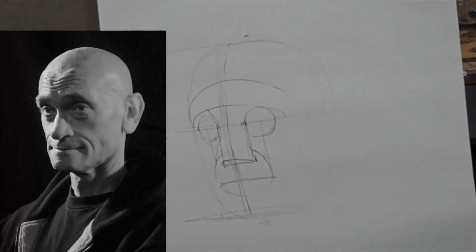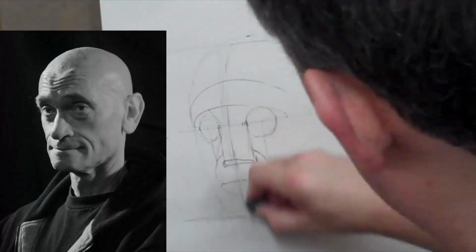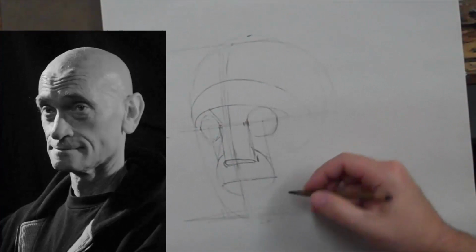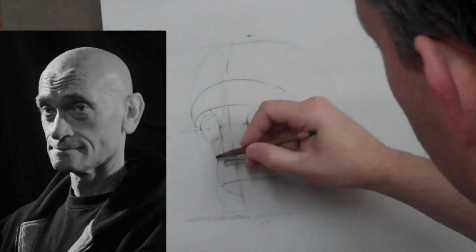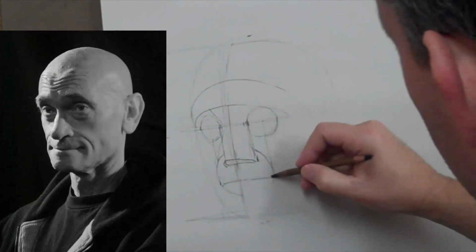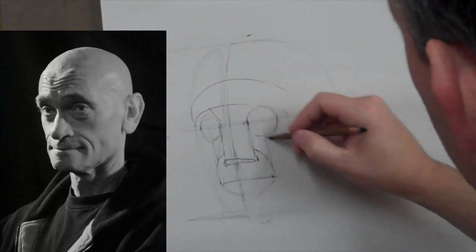You'll also notice that I've put in the brow ridge, that mass up above the eyes. And as you're looking at the inset model there, you might be thinking, well, wait a minute, it goes in and then out, it kind of caves back in between his brows, and it goes out again. Well, remember, we're doing everything we can not to get lost in the complexities.